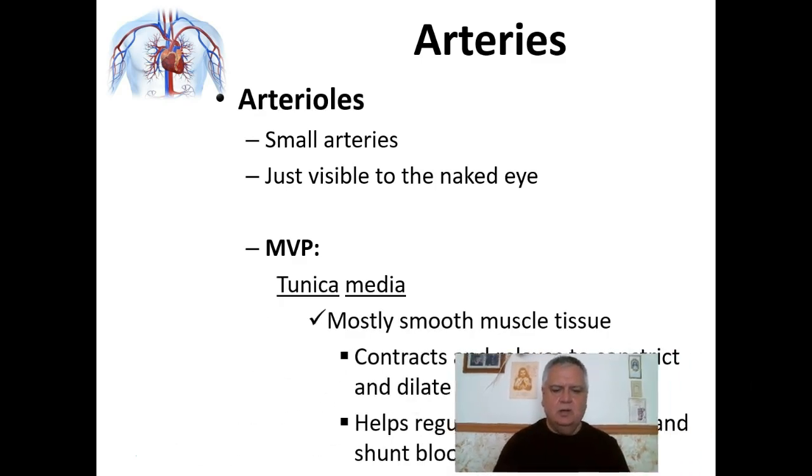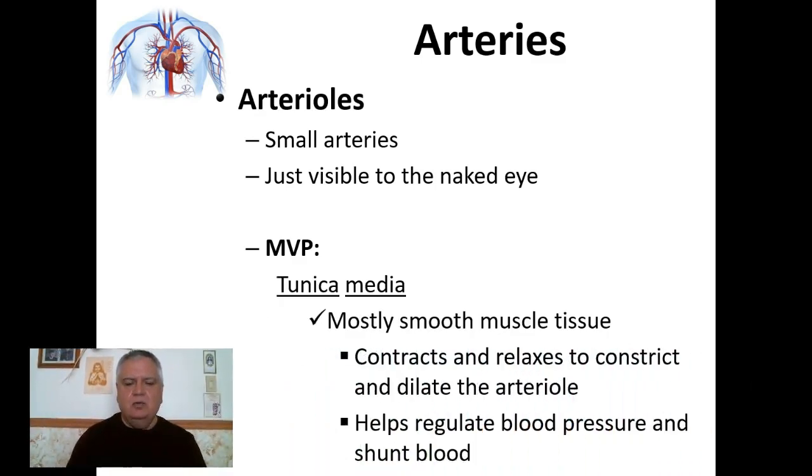Whenever we take a look at the tunica media of the arterioles, it is mostly made up of smooth muscle tissue, with very little external elastic lamina. This smooth muscle tissue contracts and relaxes to constrict and dilate the arteriole. Remember, smooth muscle tissue is involuntary.